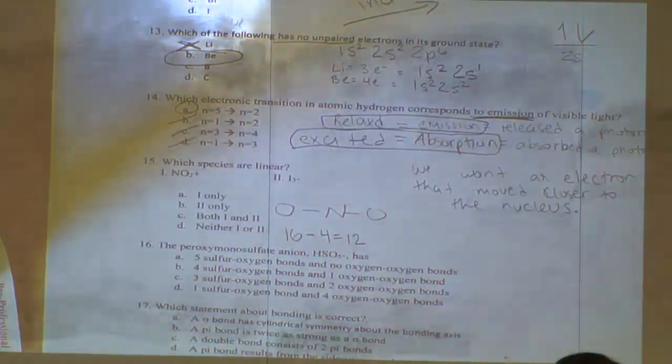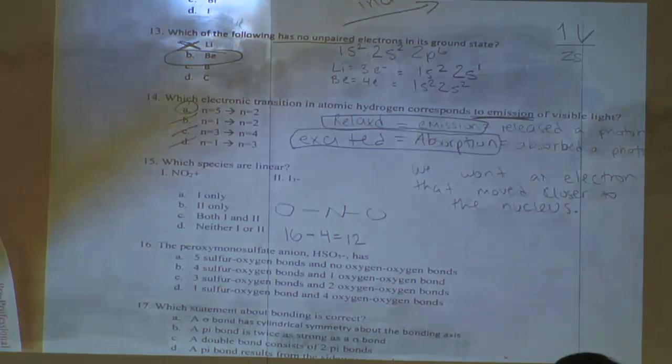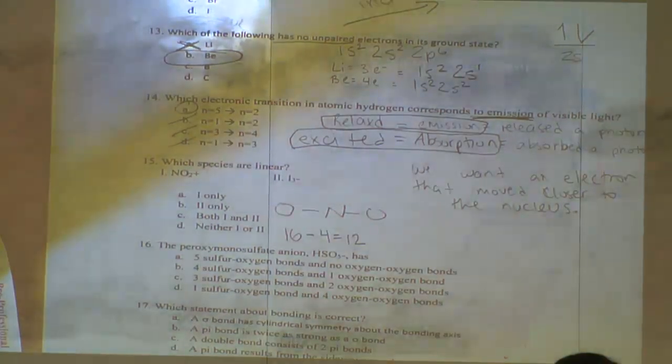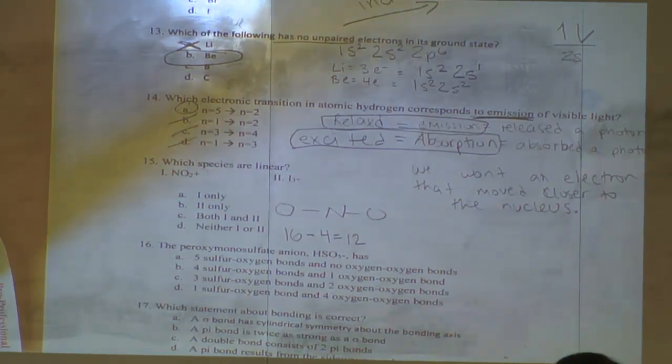If we were to not make any double bonds or anything, do we have enough electrons to cover everything's octet? No, we don't.